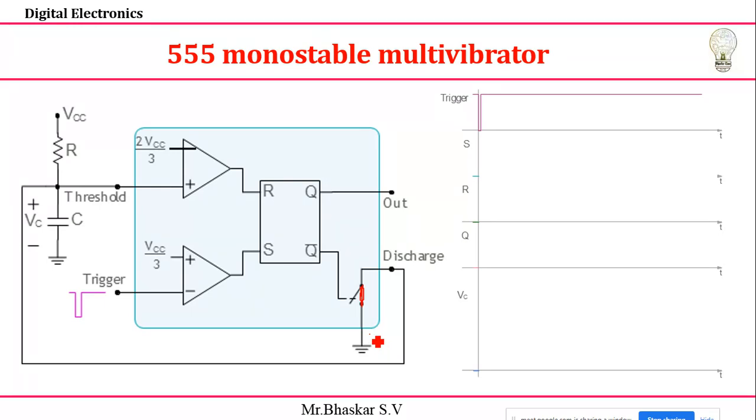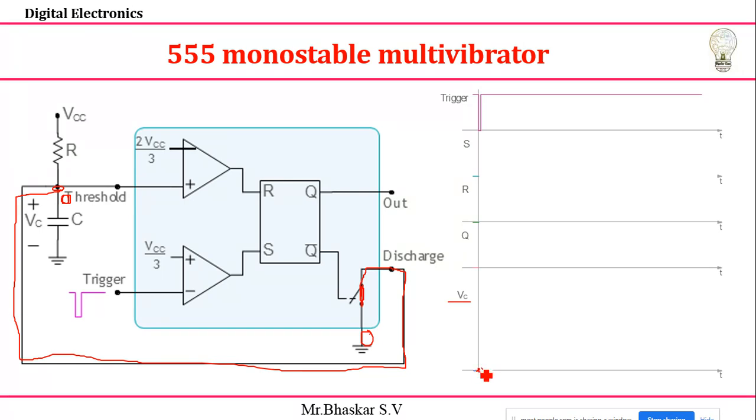Yeah, zero potential. So the potential across here also is zero. What it indicates is the capacitor initially does not have any charge. This is called VC, the capacitor voltage.